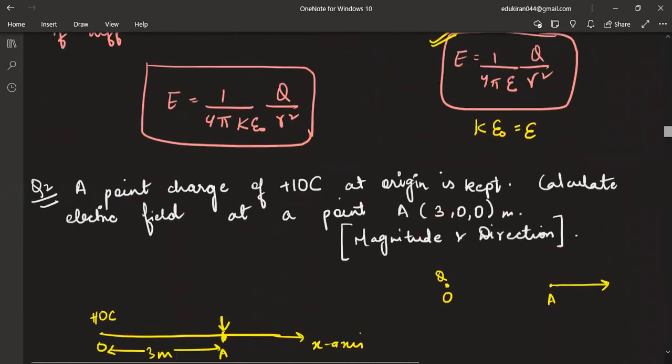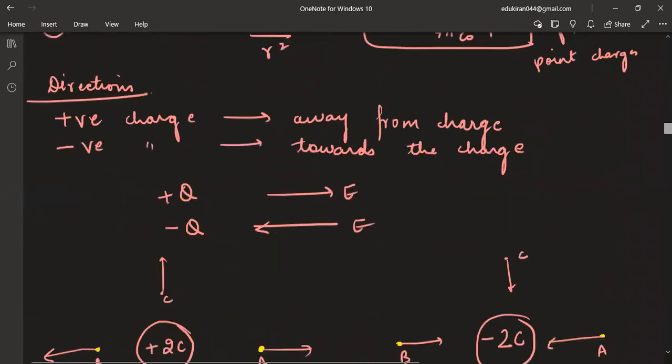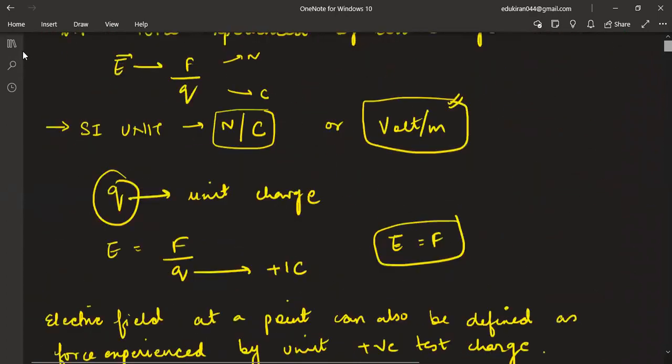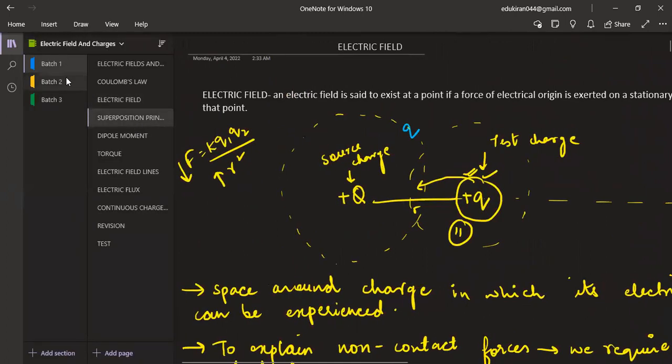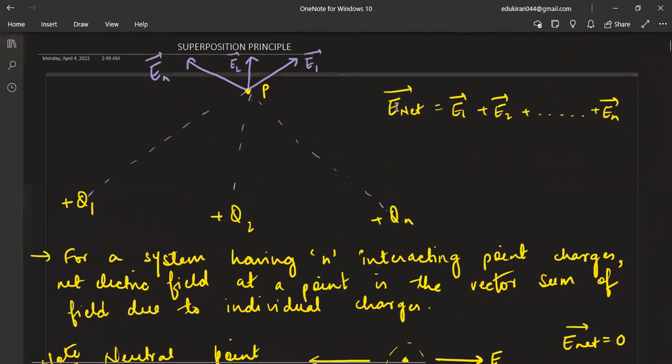Direction of electric field is important because more often you can study it with the help of electric field lines. That I'll discuss later. In the superposition principle, just remember the net electric field is the sum of all the individual electric fields. But do not directly add them.